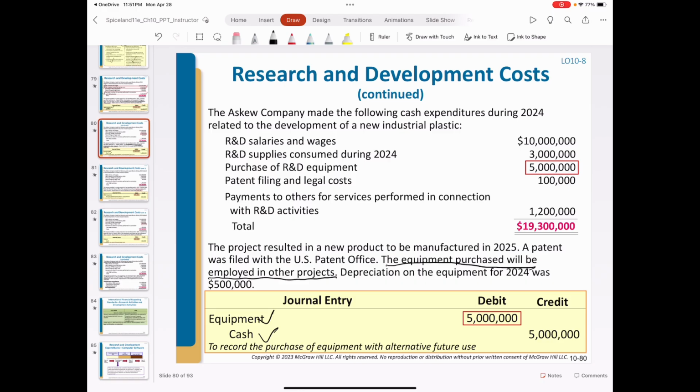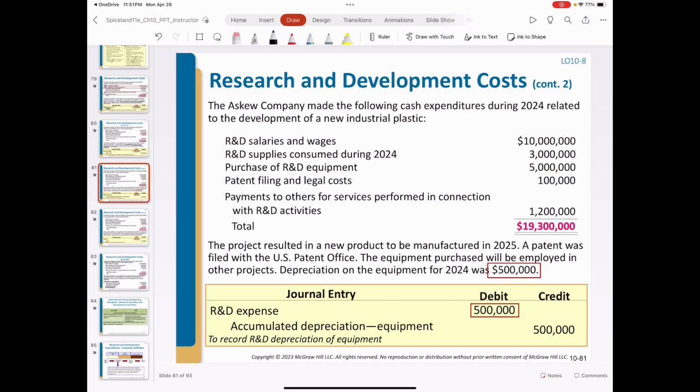During this year, this asset is also depreciable, so we should recognize depreciation expense. Since this equipment was used in multiple projects, the depreciation expense will be part of the research and development expense. So we debit R&D expense and credit accumulated depreciation.